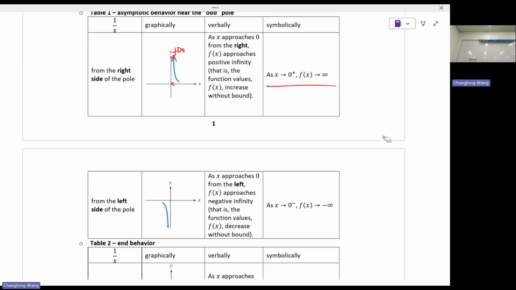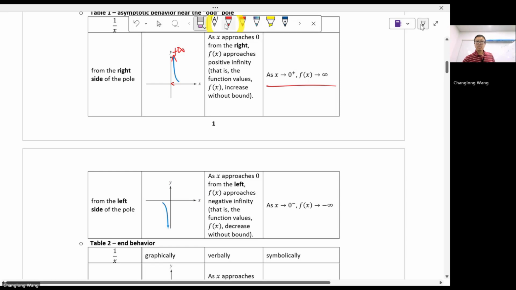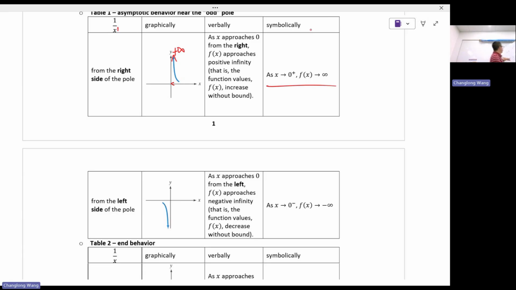Whichever case you're looking at, with an odd multiplicity for the pole, the asymptotic behavior on either side of the pole will be in opposite directions. That's something you need to remember, just like the odd zeros, where the end behavior goes in opposite directions.